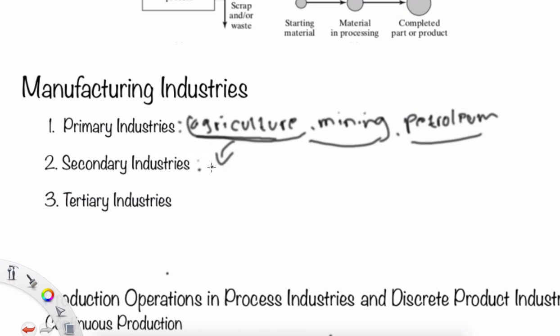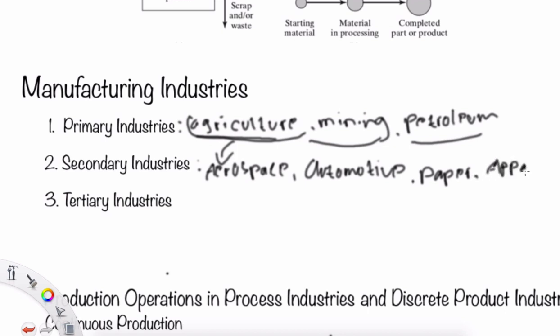Examples are aerospace, automotive, textile, and apparel. These are several examples of secondary industries.